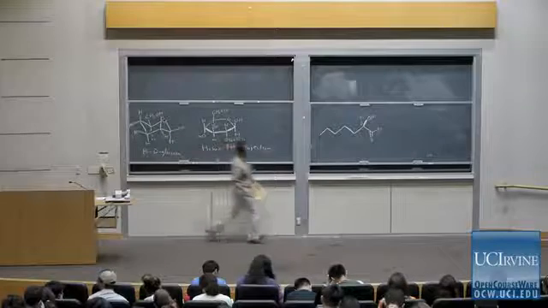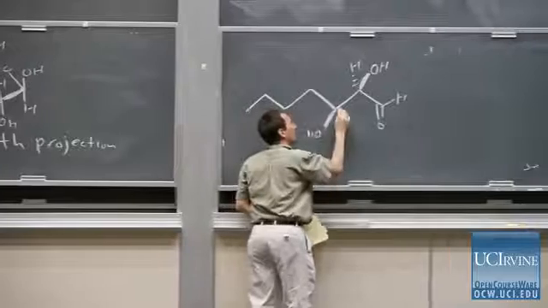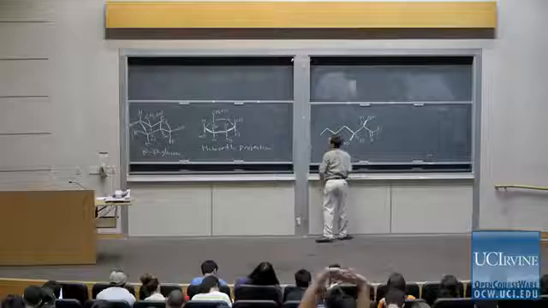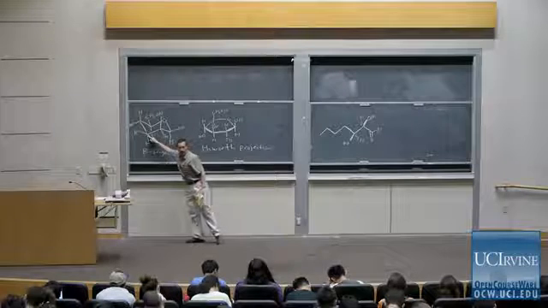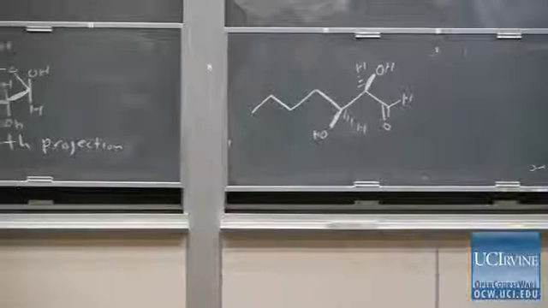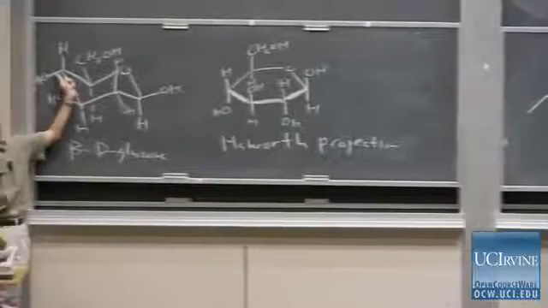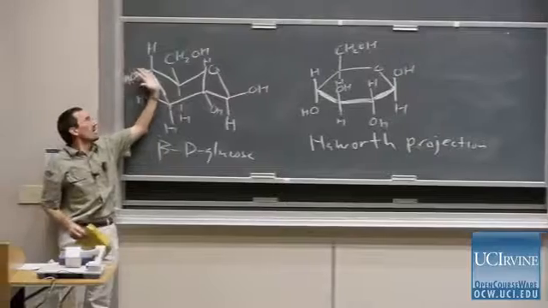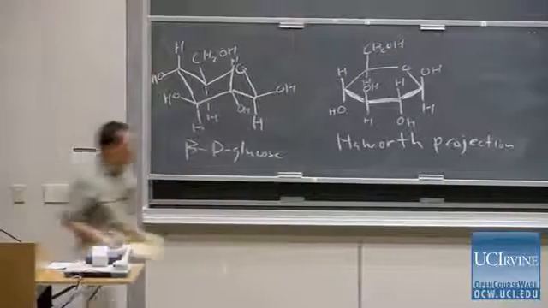So we're going to represent that over here, OH, hydrogen going back. Now you almost want to continue to walk around and look at this molecule from over here, like I'm doing. That OH is coming out, and the hydrogen is going back as we come around the chain.